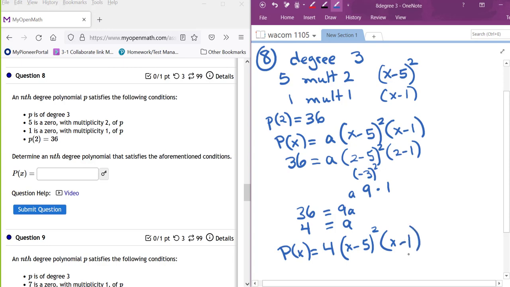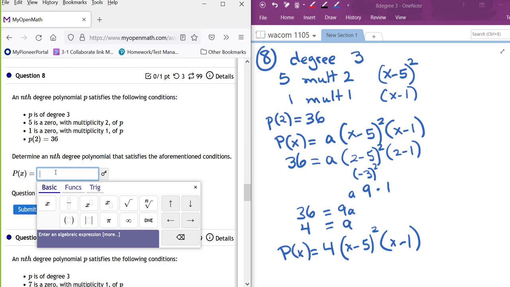I'm going to see if I can get away with that answer instead of multiplying it out. It hasn't multiplied out in the key, but I think I can get away with that. If not, we'll multiply it.